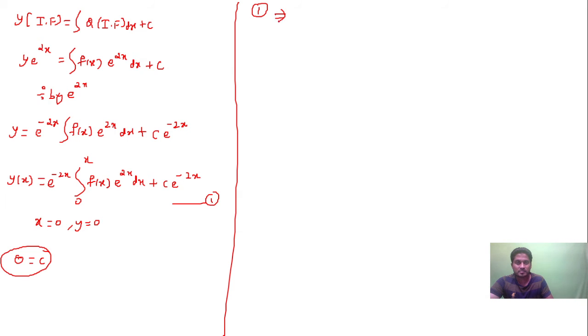You get y of x is equal to e to the power of minus 2x times the integral from 0 to x of f(x) e to the power of 2x dx, plus c, which will be 0.